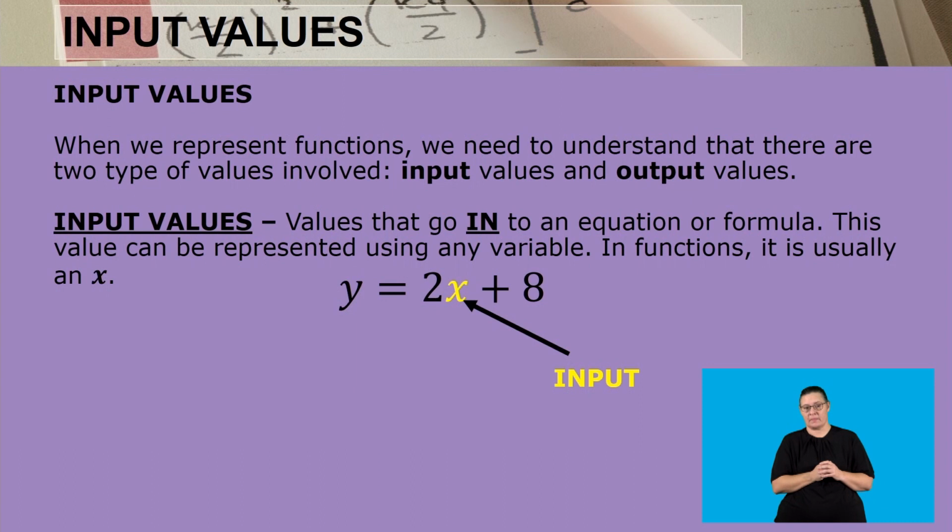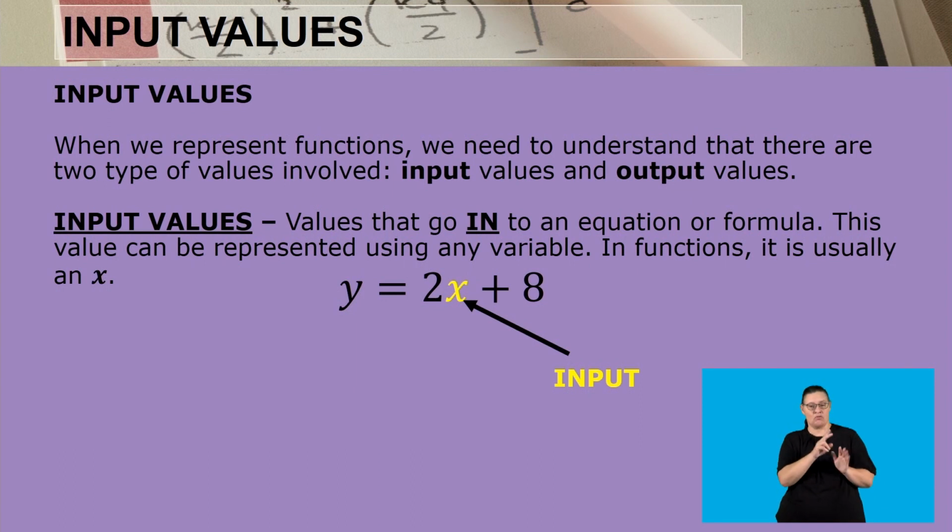So now we are going to go on to the first part of our concept map, and that is the input values. Now we are going to be looking at flow diagrams as well as tables, but remember, we are only focusing on those input values.